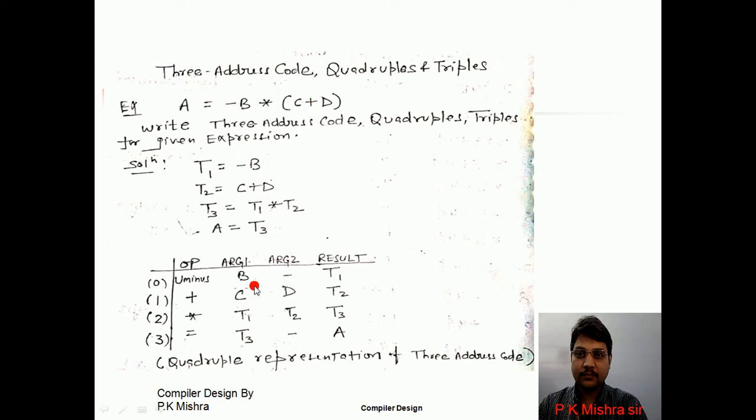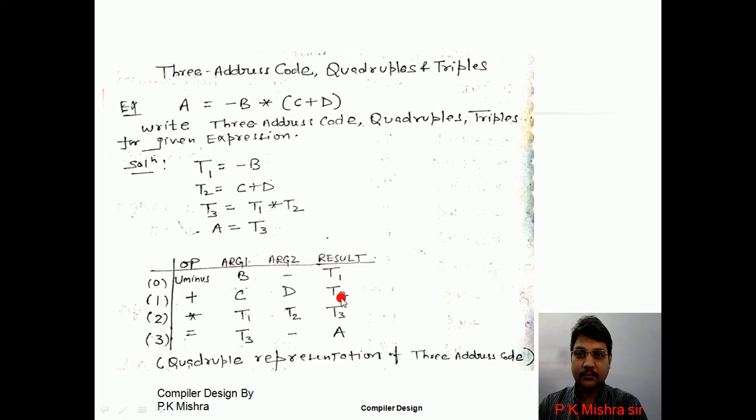Okay, this is step 1. Now step 2 is the quadruples representation of this three address code. What is a quadruple? A record structure with four fields: operator, argument 1, argument 2 and result.